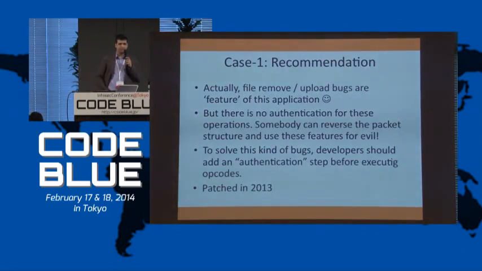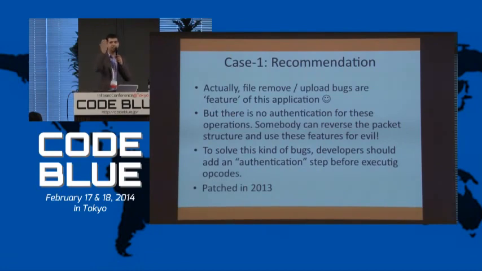So actually, these file upload and file removing operations are features in these applications. But the problem is there is no authentication step before executing these operations. So somebody can reverse the packet structure as we did and use these case operations for evil.